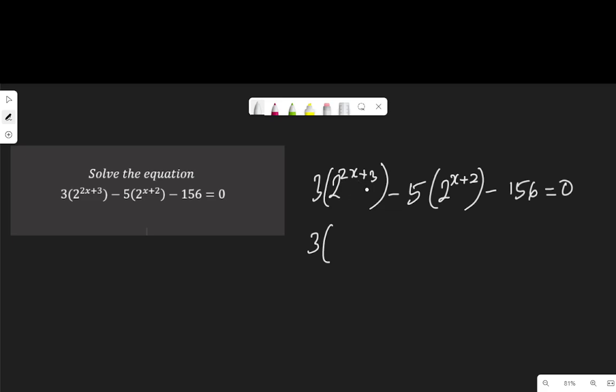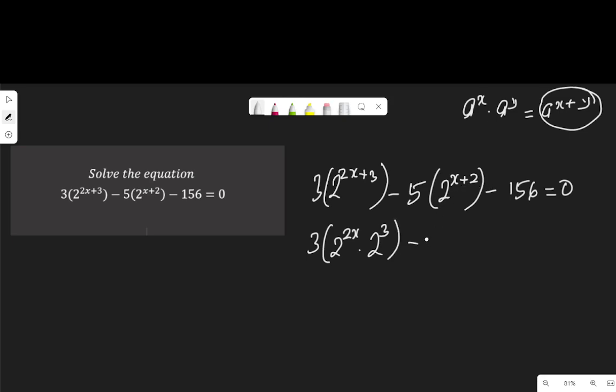This 2^(2x+3), I can write from the law of indices as 2^(2x) multiplied by 2^3, from the law that says a^x times a^y is a^(x+y). So our question was in this format, and I just turned it to this format. I'm going to do the same thing here.